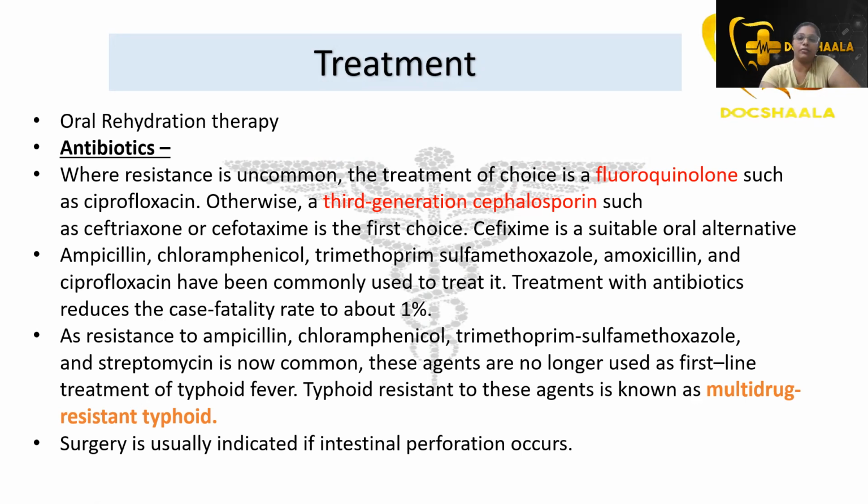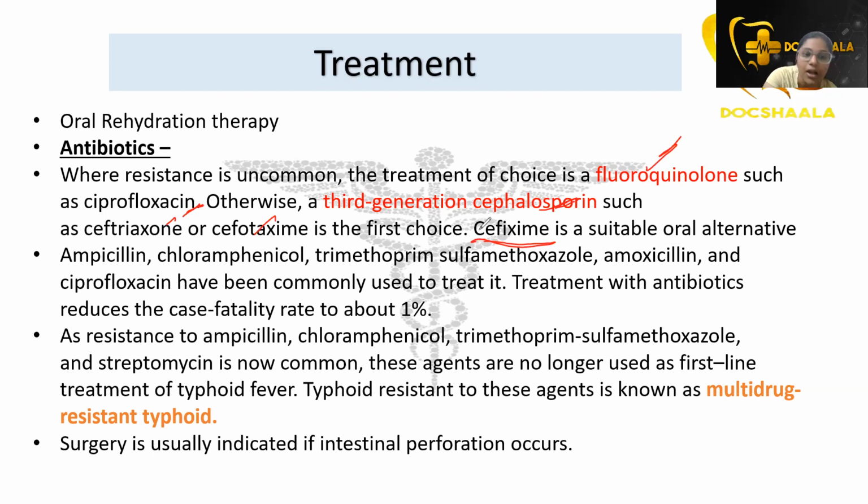Where resistance is uncommon, where the patient does not have resistance to any of the antibiotics, the choice is a fluoroquinolone such as ciprofloxacin, or otherwise a third generation cephalosporin such as ceftriaxone and cefotaxime as the first choice. Cefixime is a suitable oral alternative.